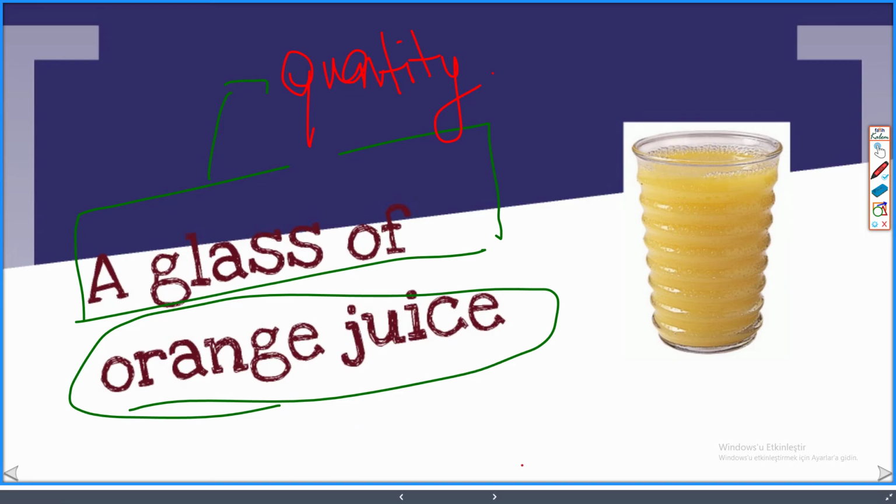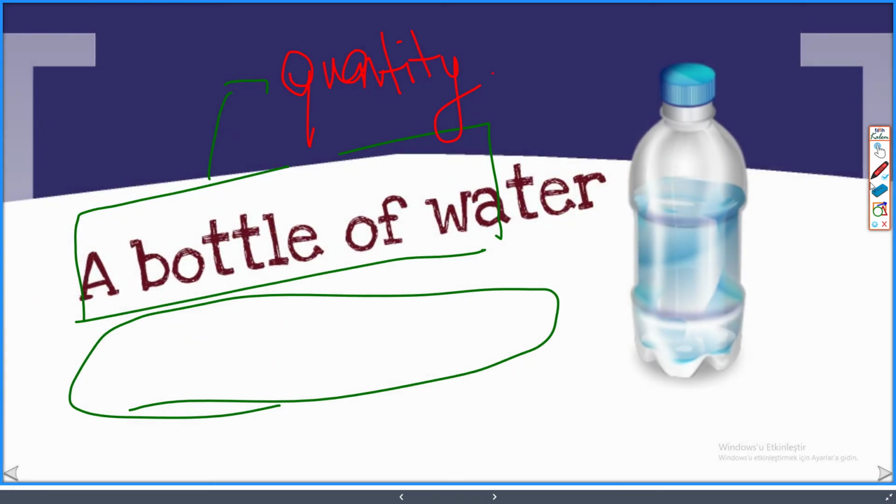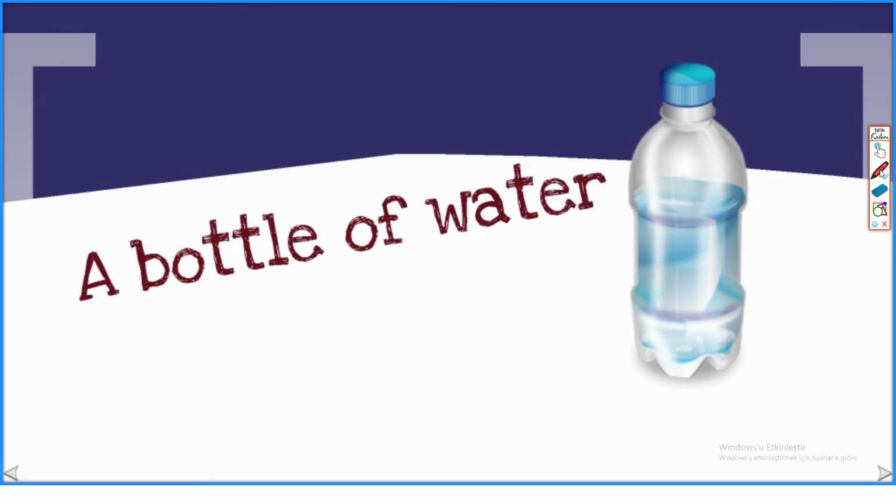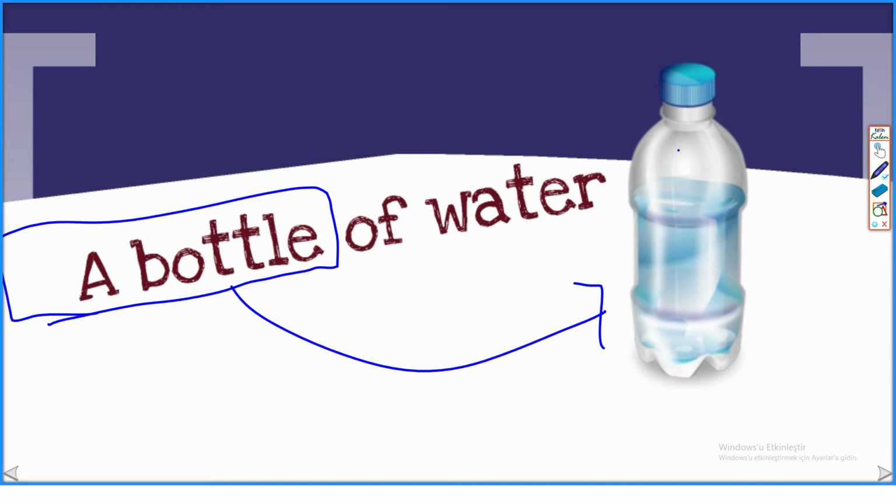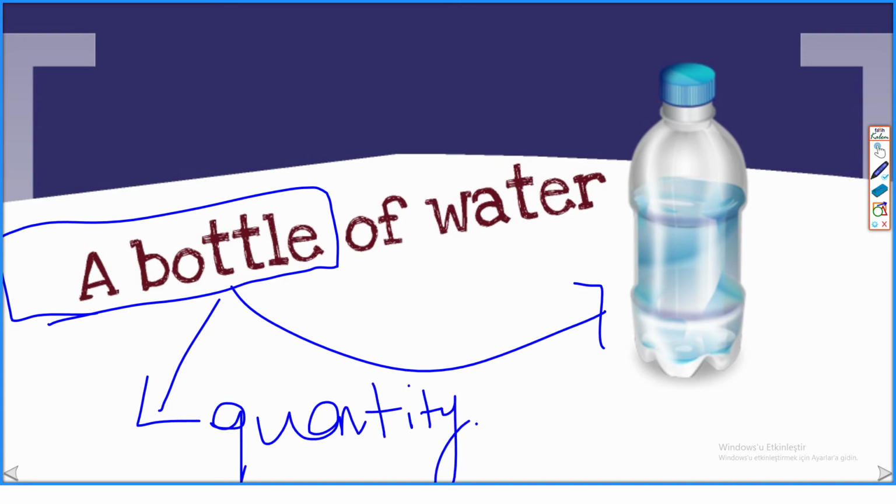And guys, we are going with this. A bottle of water. As you see, this is a bottle of water, and a bottle is our quantity, I mean amount.